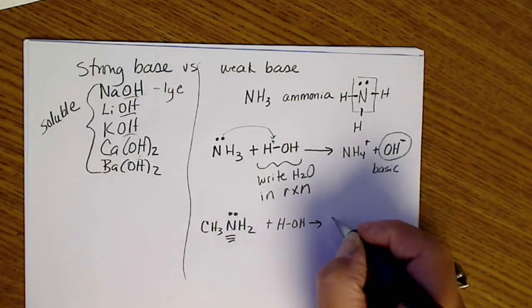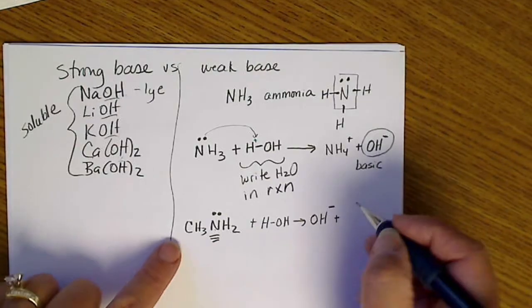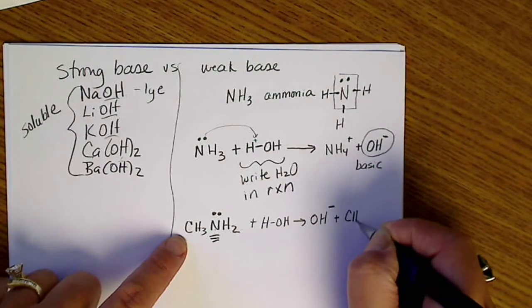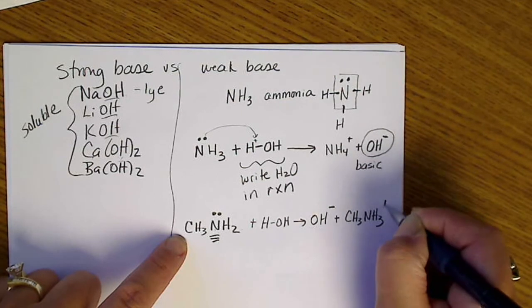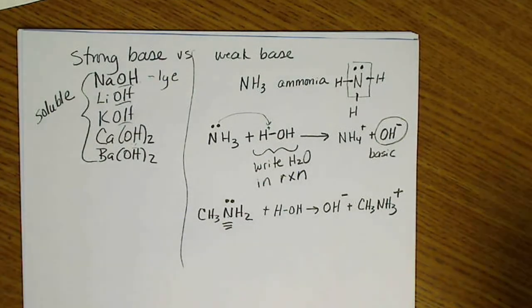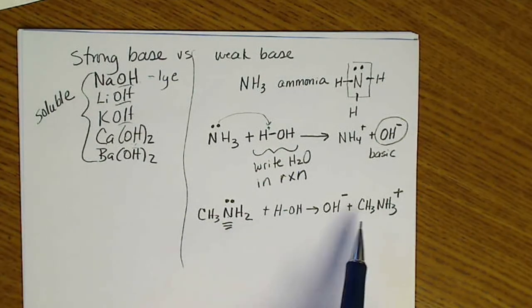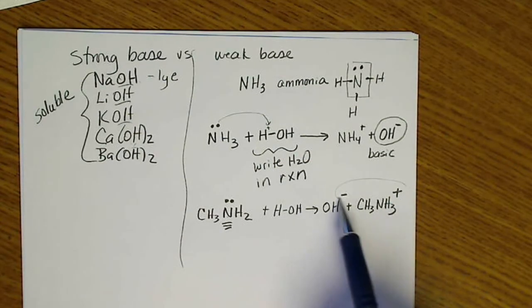And this time I'll write the hydroxide first. It's going to leave behind OH minus, and then what's left will be CH3NH3 plus. As with all chemical reactions, we want to make sure that the reaction is balanced atom by atom, and what also needs to balance is the charge.